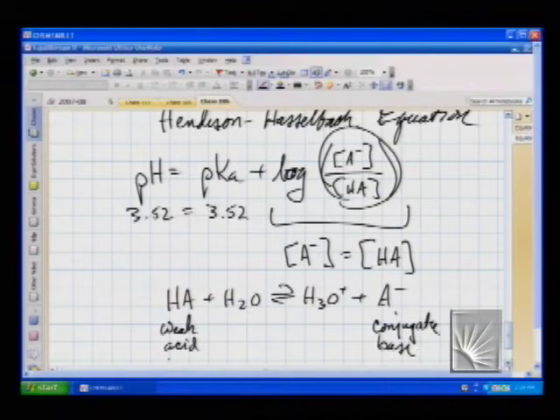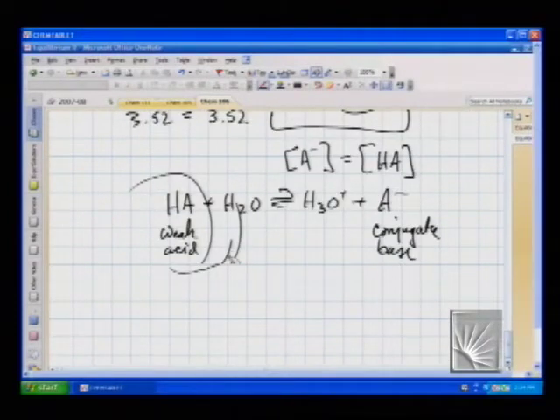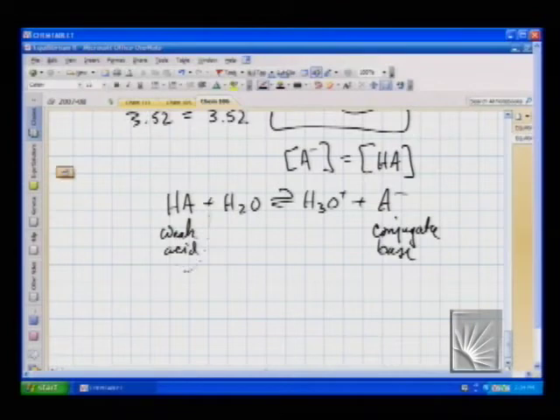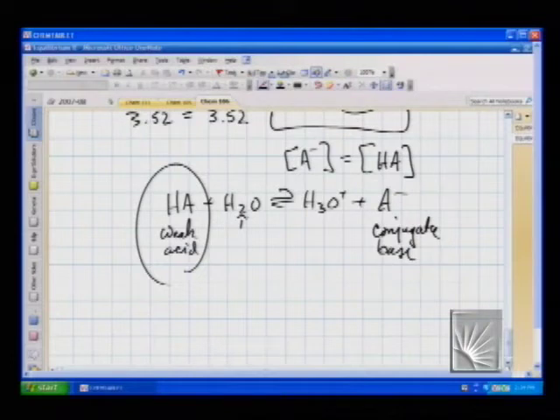If this is a weak acid, whoops, sorry about that. If this is a weak acid, what does this have to be? Not necessarily weak, but it has to be a base. And if this is a base, what does this have to be? An acid. Acids react with bases to make, acid plus a base equals a salt and water.